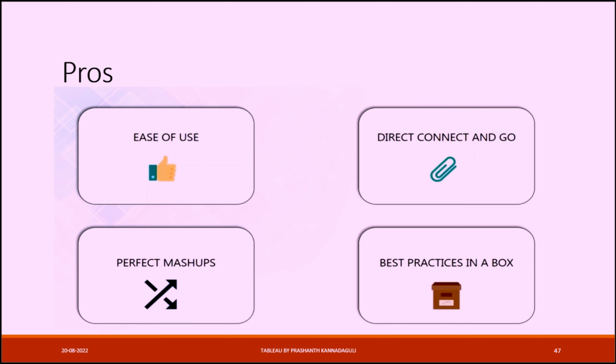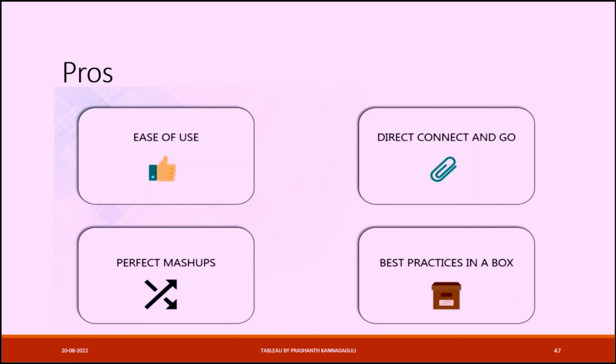And the perfect mashup means it deals with all the functions we discussed earlier. You can have two different pieces, club them, join, union, and do a lot of operations using the functions. That's what perfect mashup stands for. Then best practices in the box: whatever business analytics requires is all there.